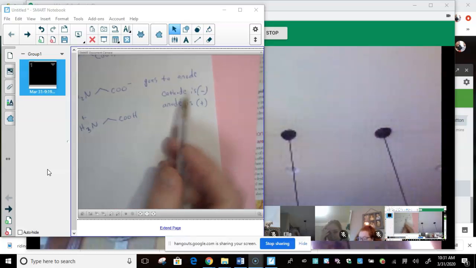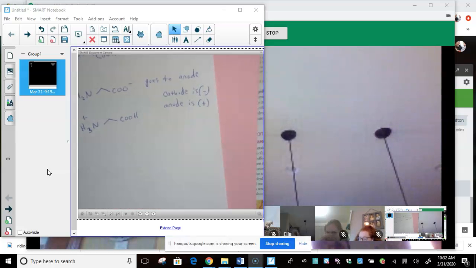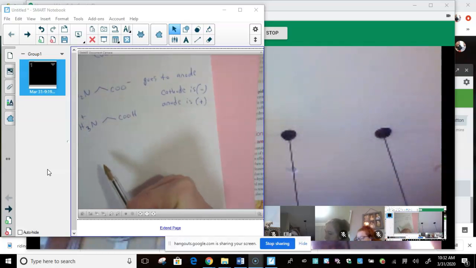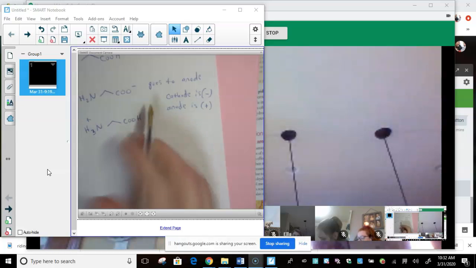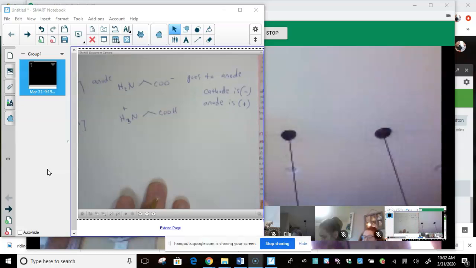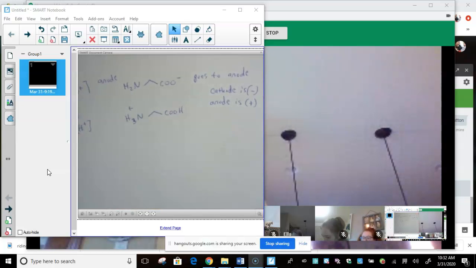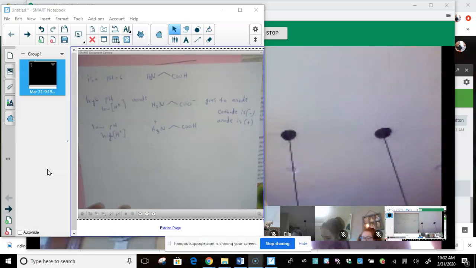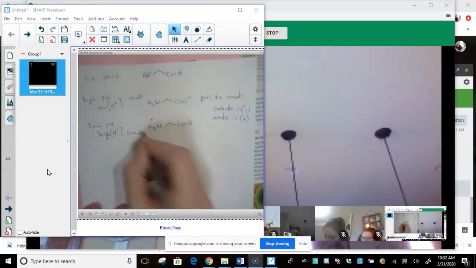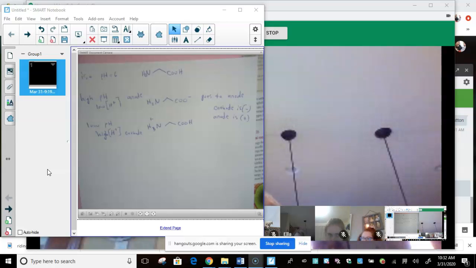But since we're reversing it by putting a current into this gel electrophoresis device, it's actually going to the anode. So a high pH environment goes to the anode, whereas a low pH environment goes to the cathode. Questions on that?